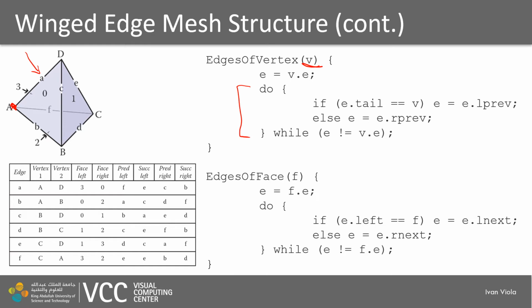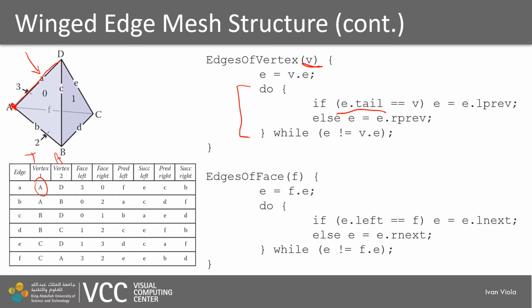Now, we are entering a loop where we will find all the necessary edges besides the A, which is already explicitly given. So we have an A, and now the question is: is A the tail of E or is it the head? Well, we know that in the edge structure, here is the tail, here is the head. A vertex is the tail. So yes, it is the tail.